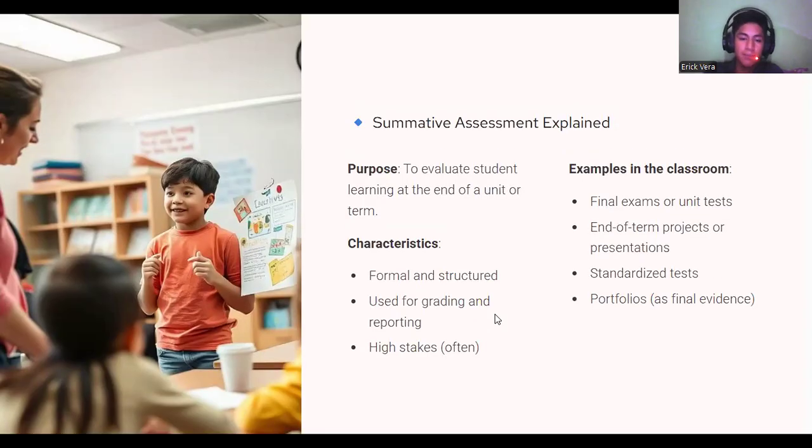It's often high stakes, and here I have some examples: the final exam or unit test, end-of-term projects or presentations, the standardized test, the international test, and portfolios can be another example as a final evidence.